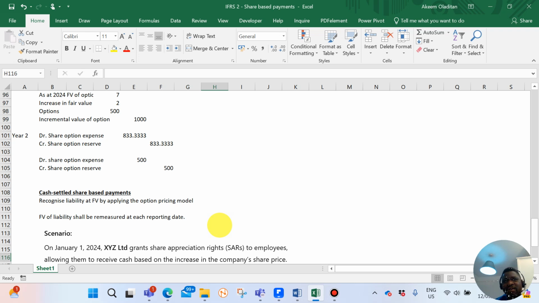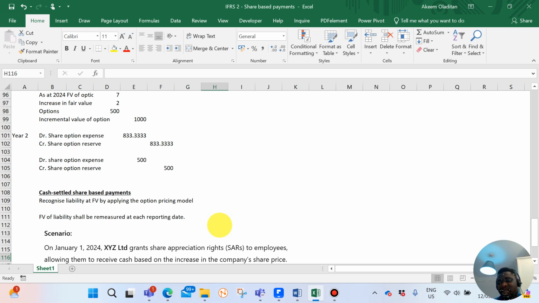I think there are three basic methods that the standard permits. There's what we call Black-Scholes model. That Black-Scholes model is used for European style option. That's the option that can be exercised at the expiration of the vesting period. There's also what we call American style option. That American style option we use binomial model.